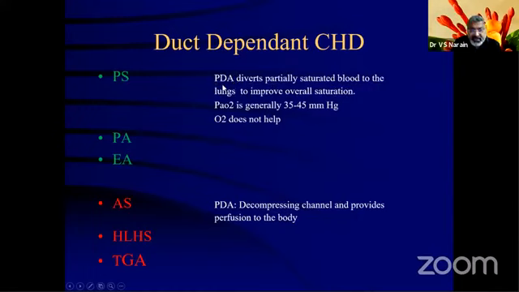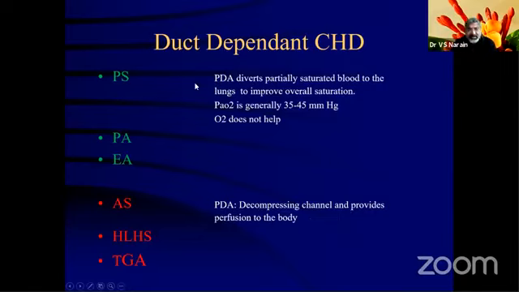So the PDA helps to provide the lung with blood to improve overall saturation. On the other hand, with obstruction on the left side and in transpositions, the PDA helps in decompressing the right ventricle and gives blood to the systemic circulation to improve the blood pressure and perfusion to the body.